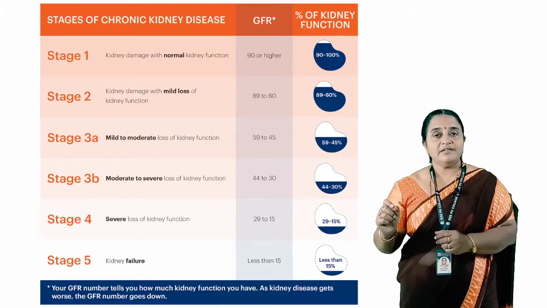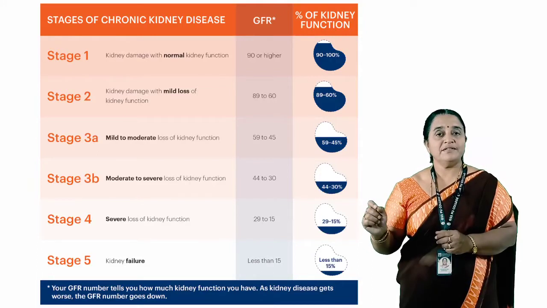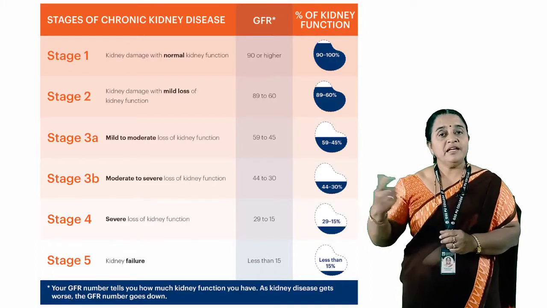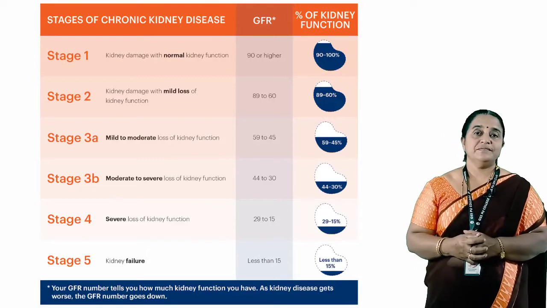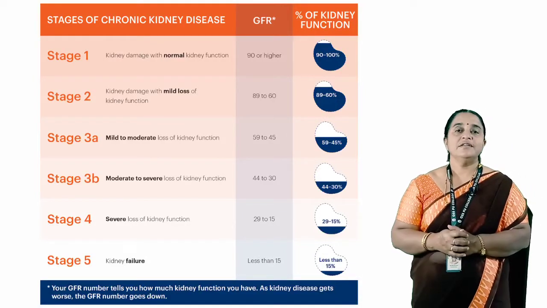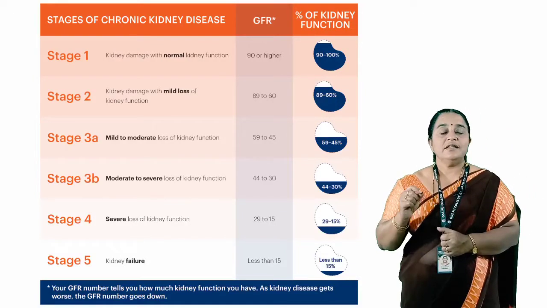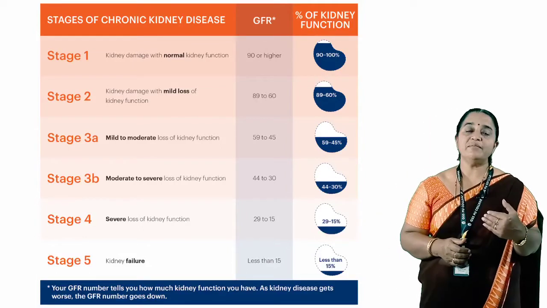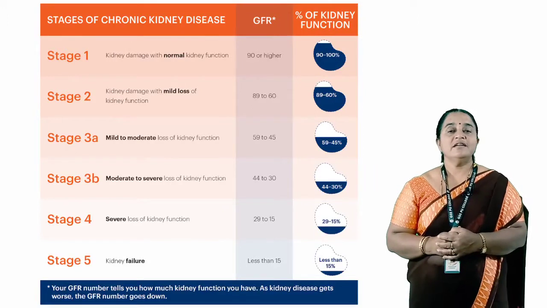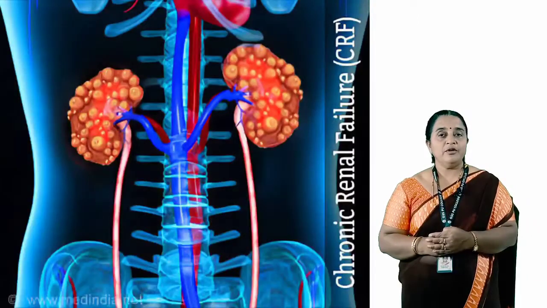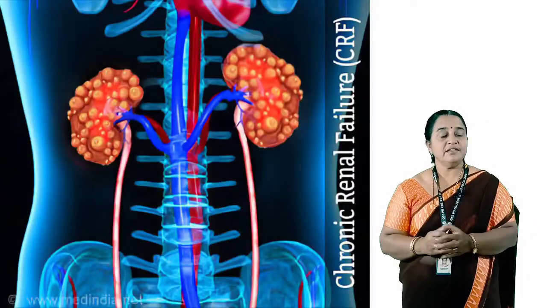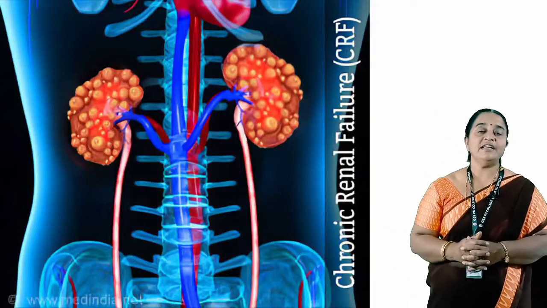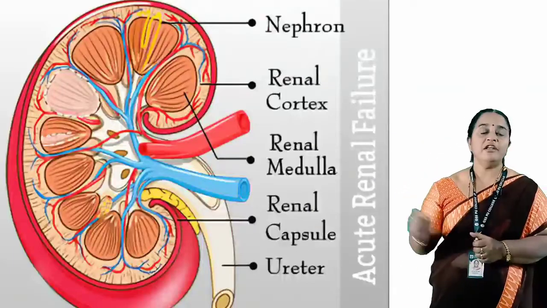Thus, if the GFR is not proper, then it may lead to some disorders. There is one disorder where the renal functioning is affected. If it is reversible by treatment, then we call it chronic renal failure, and if it is not reversible, it is permanent damage to the kidney, then it is called acute renal failure.